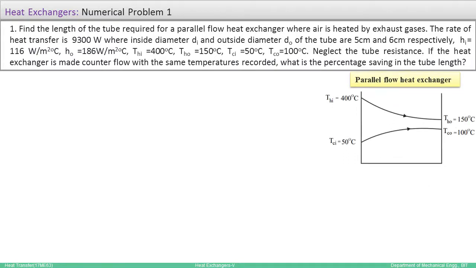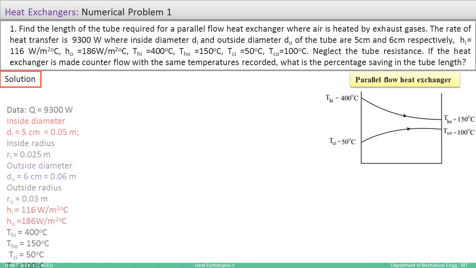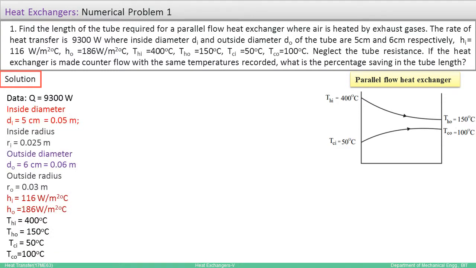The temperature variation for a parallel flow heat exchanger is drawn here. The same thing is listed out as data available, including the heat transfer rate, the inside and outside diameters, wherein we can find out the radius also.